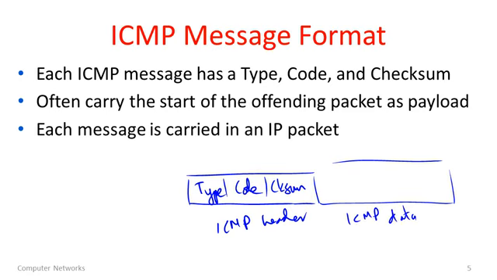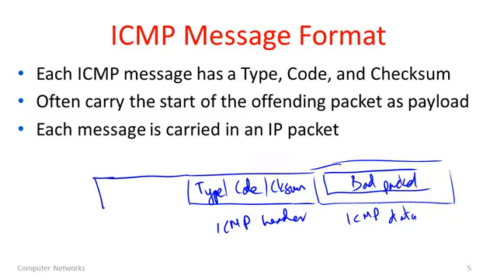What's carried in there? Well, essentially the beginnings of an IP packet. I'll just call it bad packet. That's the packet which caused this problem in the first place. And this ICMP message is sent over the network in its own IP packet. So at the front of it, there'll be an IP header. Just a standard IP header.